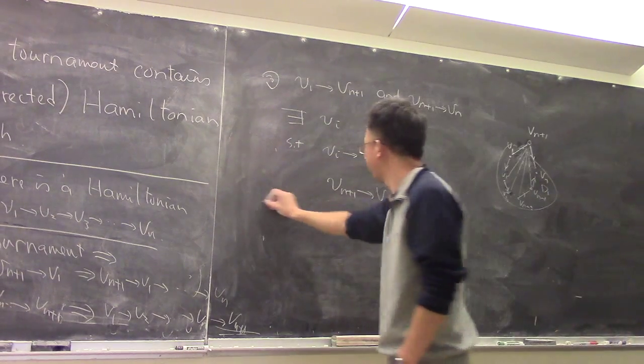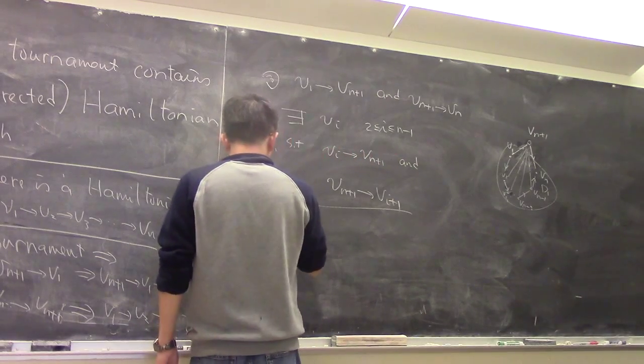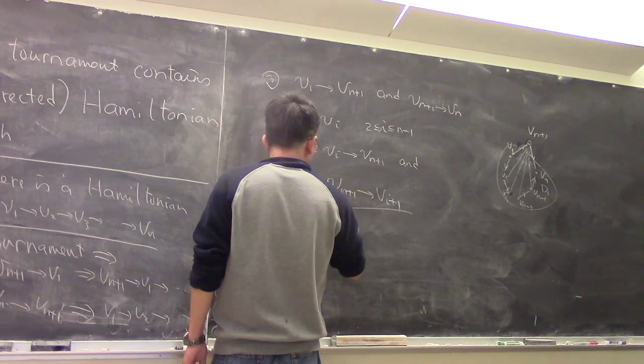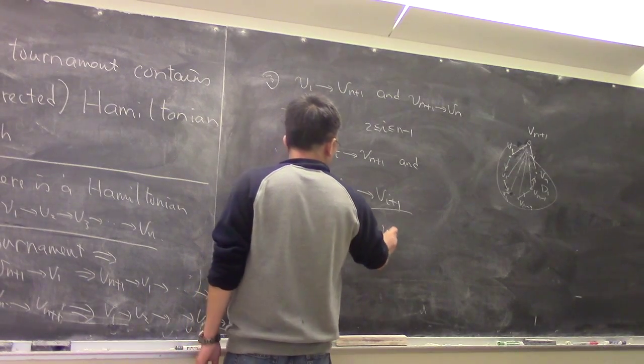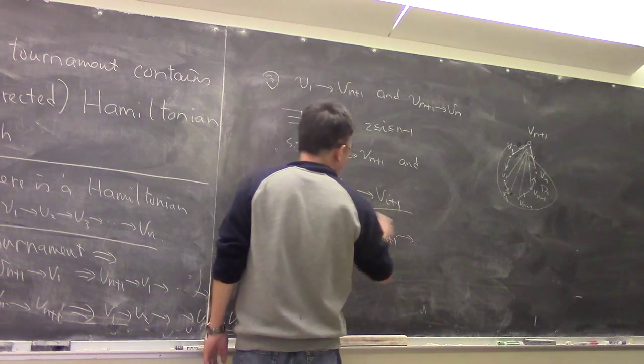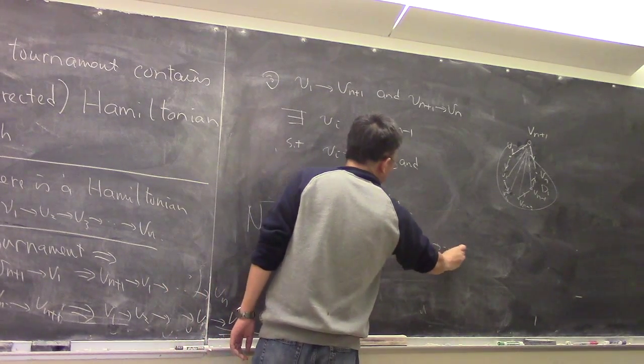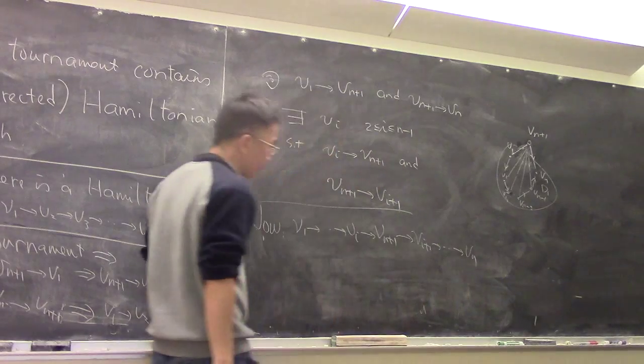And now you consider the path: V1 go down to Vi, Vi go down to Vn plus 1, Vn plus 1 go down to Vi plus 1, and then continue to Vn. Right?